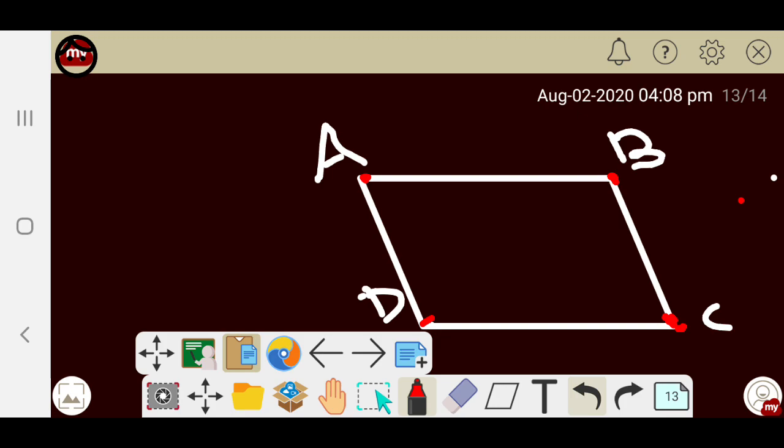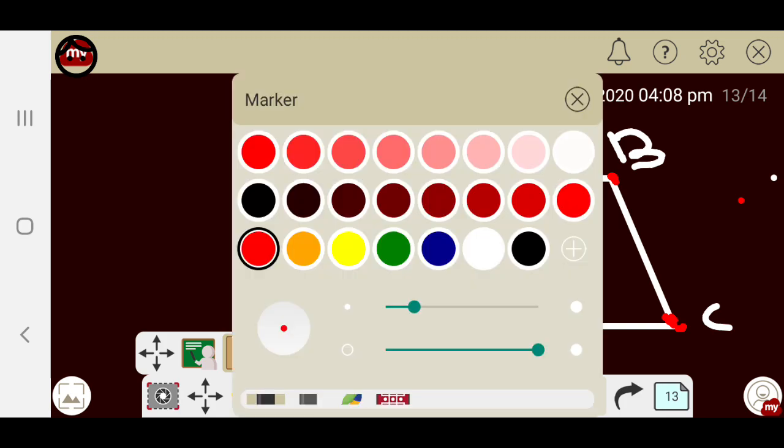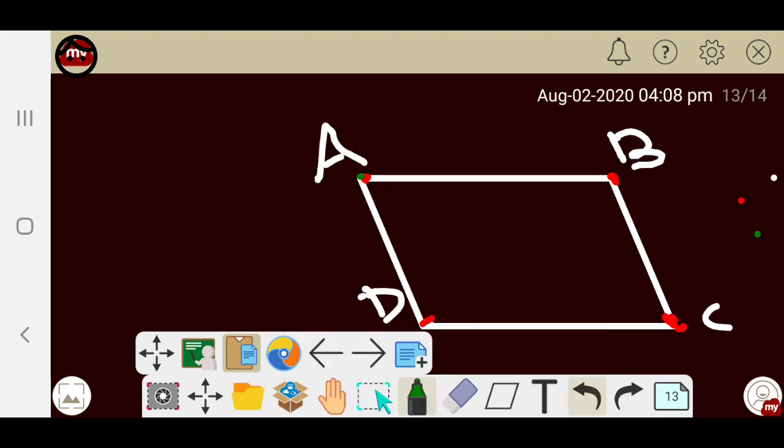Then we have to draw a line segment connecting non-adjacent vertices. Which are the non-adjacent ones? That means not adjacent. A and C. They are not adjacent. Then, can you draw a line joining A and C? Yes.